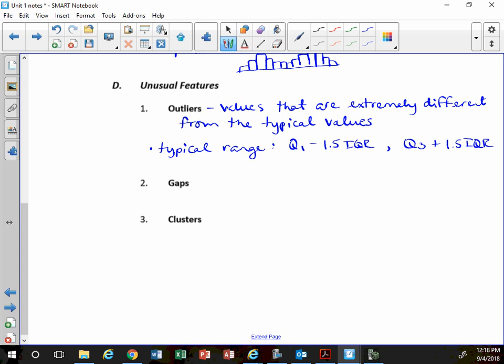So what's IQR again? Interquartile range, that's from Q1 to Q3. Box and whisker plot, it is the box, okay?